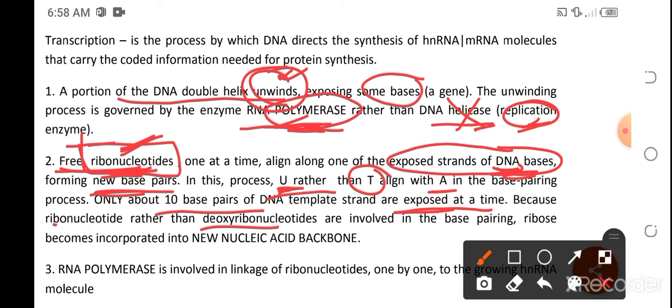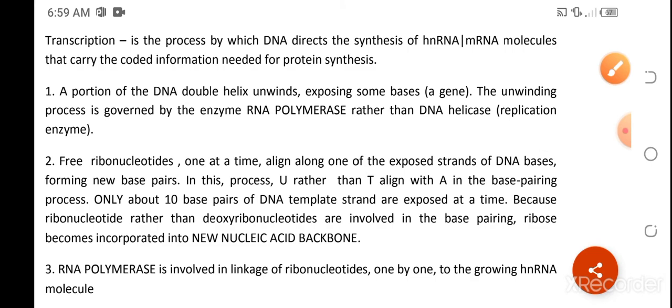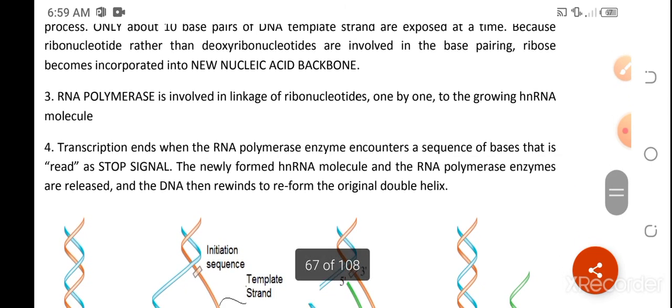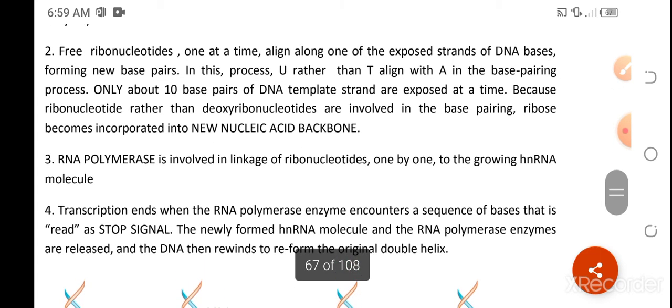And of course, the backbone of the new nucleic acid is having a ribose instead of a deoxyribose. Kasi nga hindi naman DNA ang product during transcription. Ang ita-transcribe natin would be for the synthesis of RNA. That's why we have ribose in the backbone of the new nucleic acid.